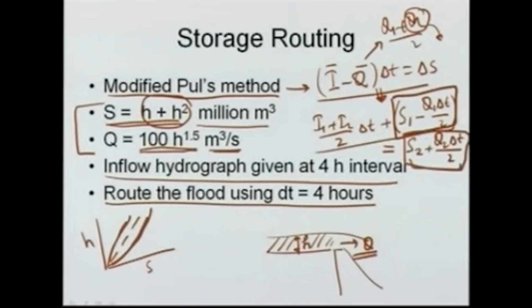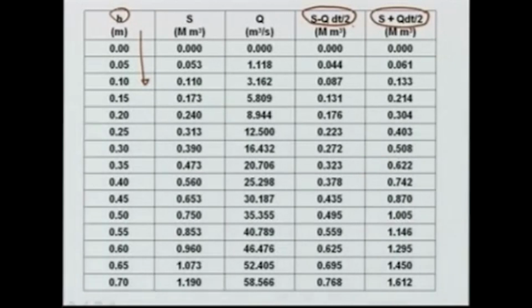Both these quantities can be related with h, because s and q both are functions of h. For any given delta t, which we have assumed here as 4 hours, we can prepare a curve between h and these two quantities, and that is what we have done here. We have computed s minus q dt by 2 and s plus q dt by 2 versus h.